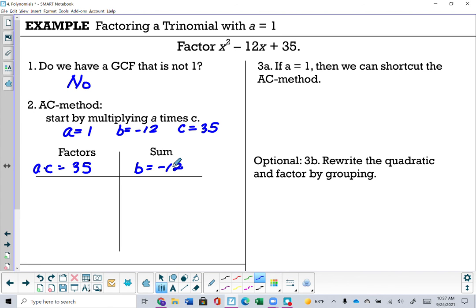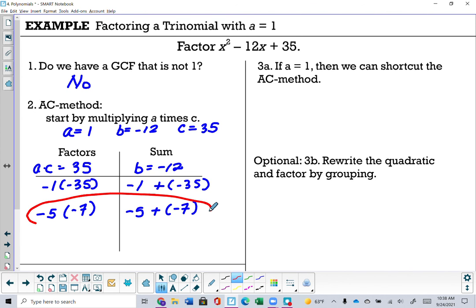And our sum has to be negative 12. So I need two negative numbers when I'm multiplying. So negative 1 and negative 35. That's not it. Negative 1 plus negative 35 is not negative 12. All right, next, negative 5 times negative 7. Okay, negative 5 plus negative 7 is negative 12.